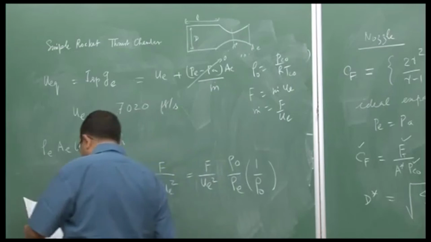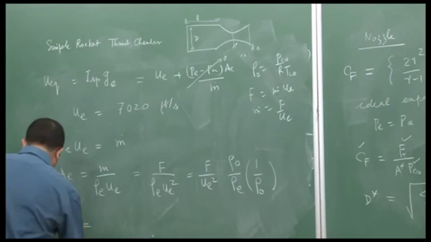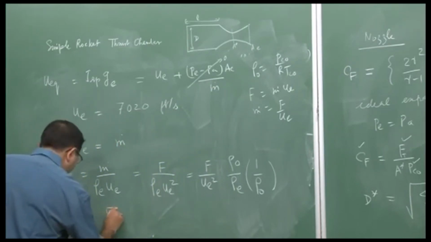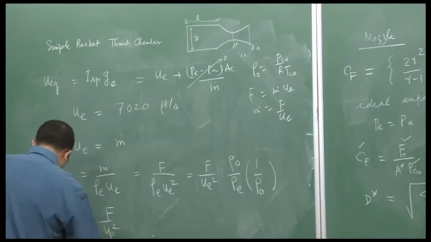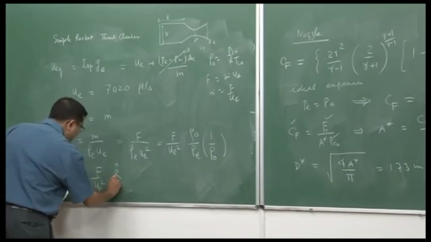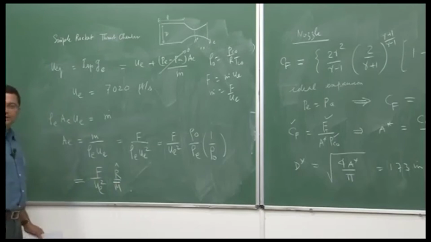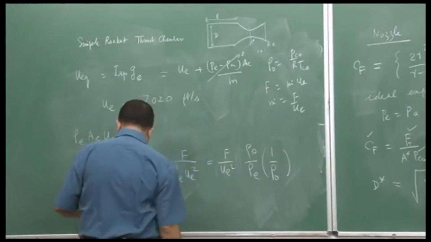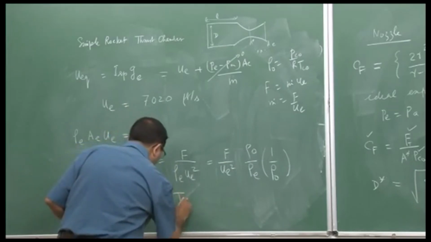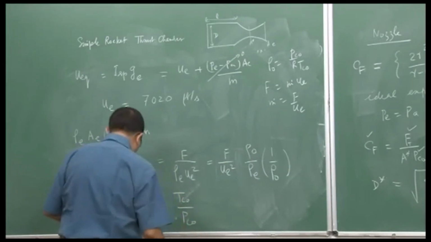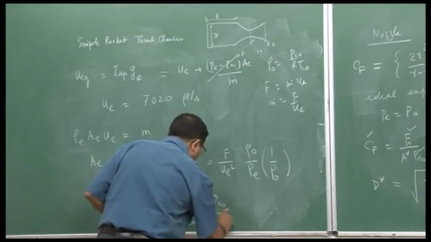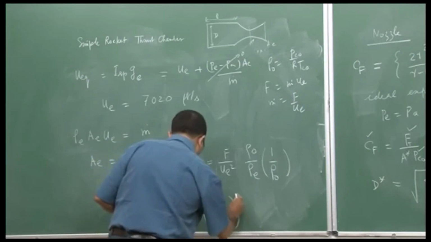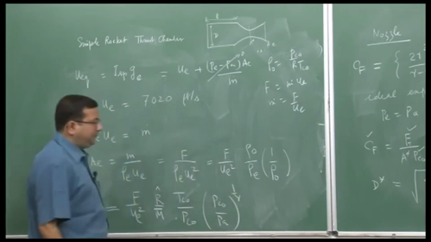So, if I do that, this finally comes out to be equal to F upon u square, R, the universal gas constant divided by the molecular weight, T C naught by P C naught, P C naught by P A to the power 1 upon gamma.